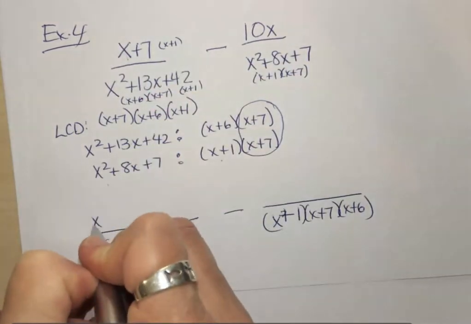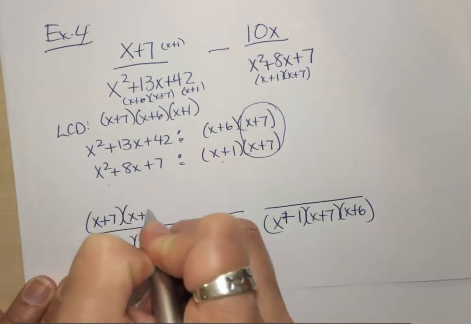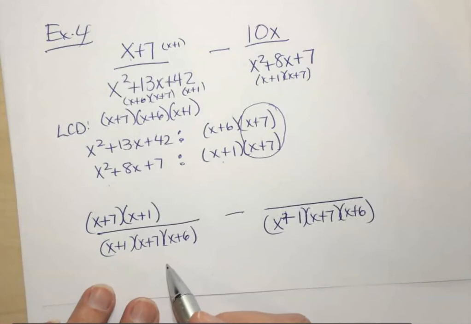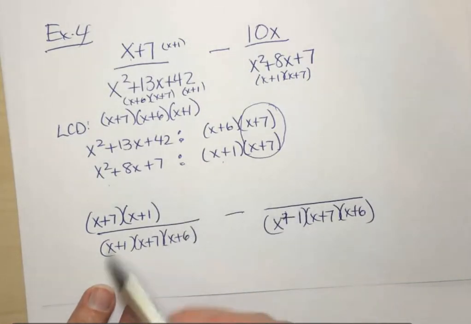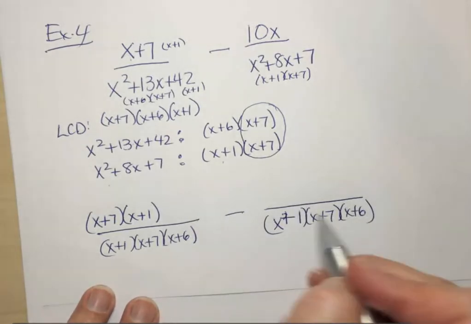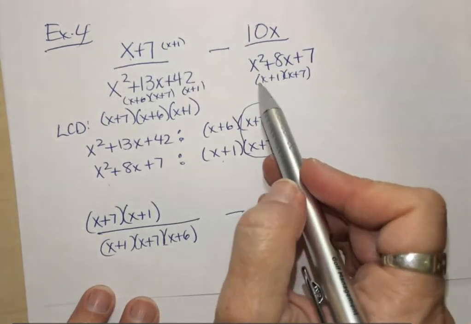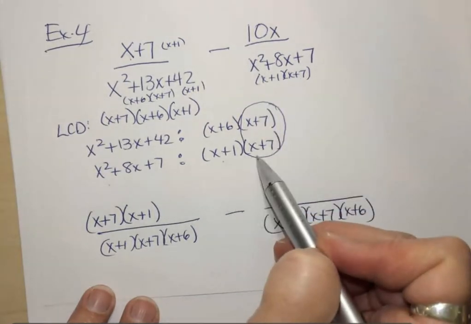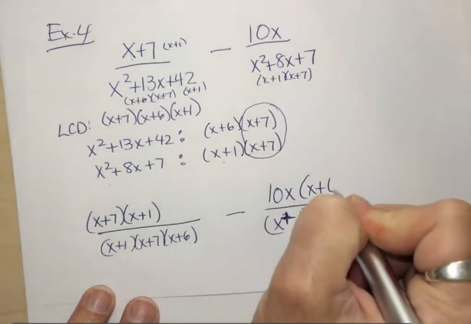It is super important that you show your work here, because if you make a little tiny error, but I can tell what you're doing and you have the right idea, you lose minimal points. If I can't follow any of it, then you would lose all of the points. So this guy, we got an x plus 1 and an x plus 7. We're missing the x plus 6. So we're going to do minus 10x times x plus 6.